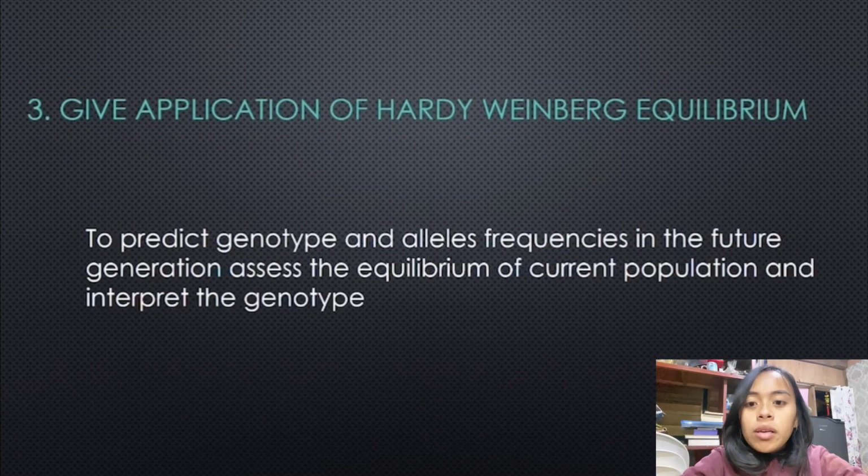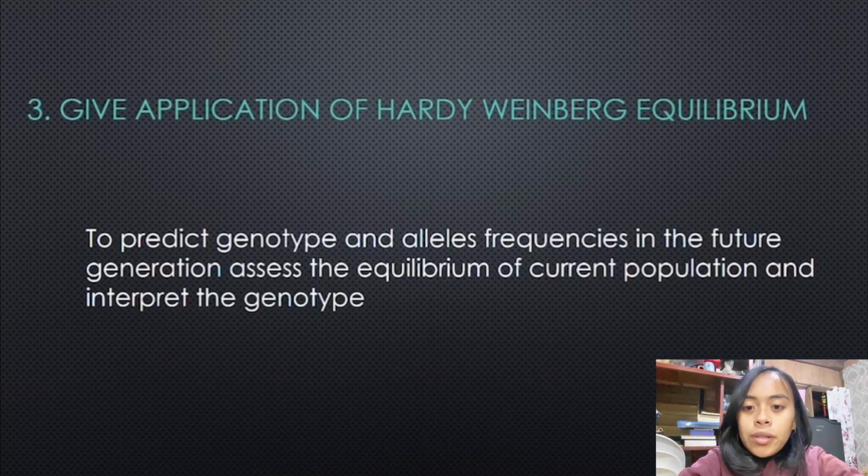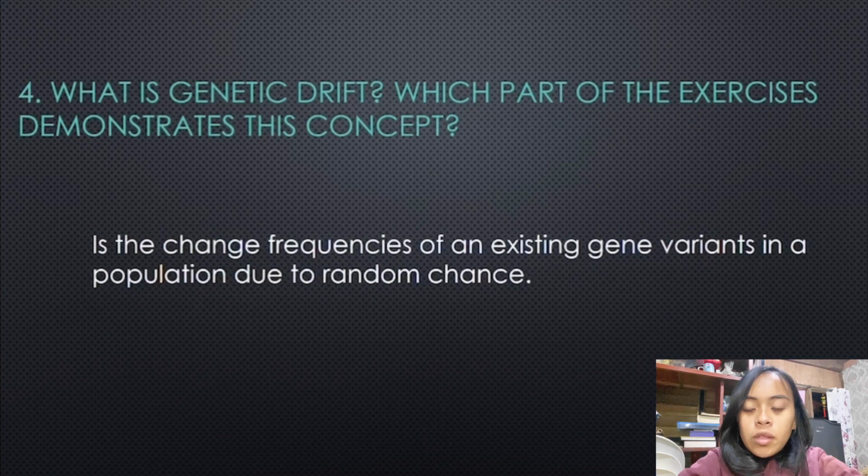Number 3, give applications of Hardy-Weinberg equilibrium. The answer is to predict genotype and allele frequencies in the future generation, assess the equilibrium of the current population, and interpret the genotype.